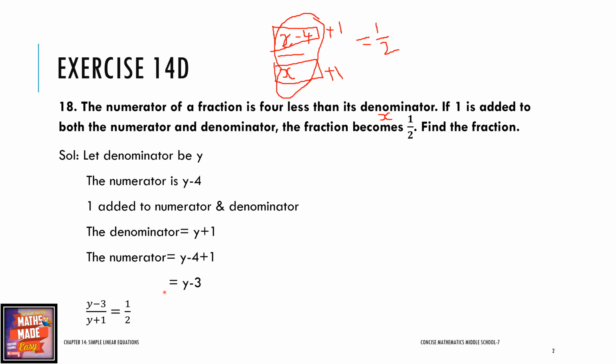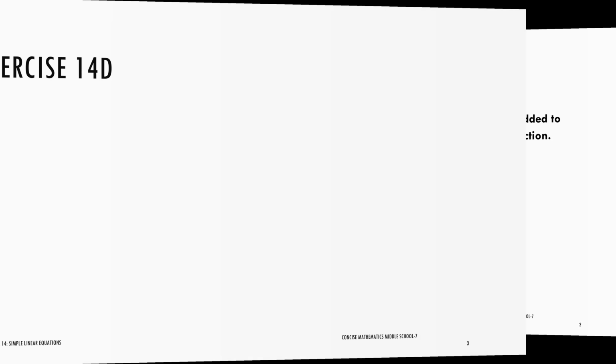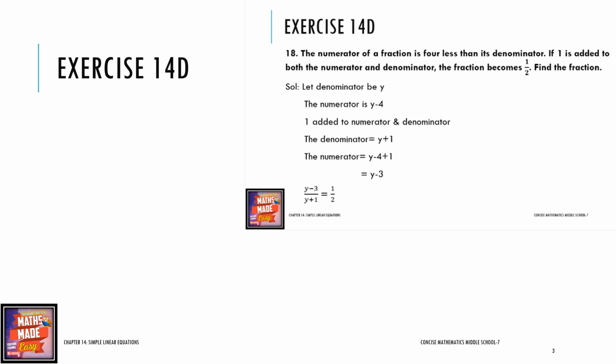Now we need to simplify this expression. Here y minus 3 divided by y plus 1, right? First we need to bring this to the other side. What is the sign between these two? Division.